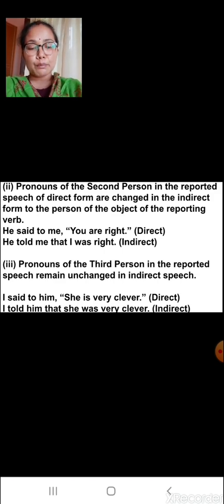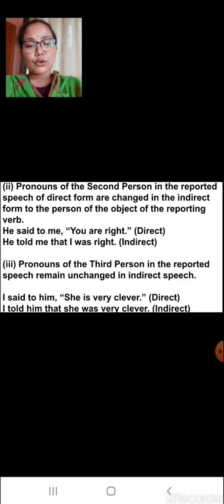Pronouns of the second person in the reported speech of direct form are changed in the indirect form to the person of the object of the reporting verb. For example, he said to me, "You are right." Now, if you change the sentence into indirect speech, it will be: he told me that I was right.